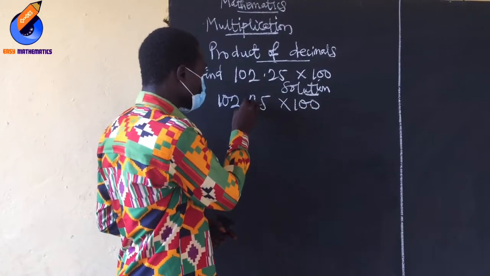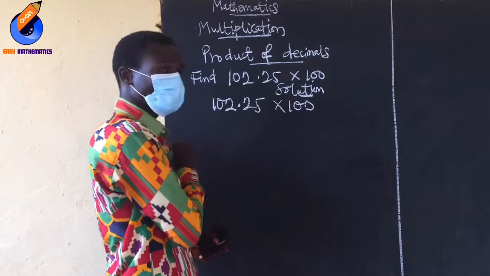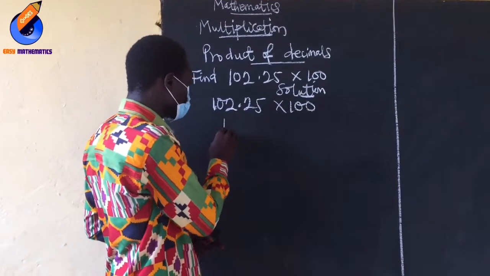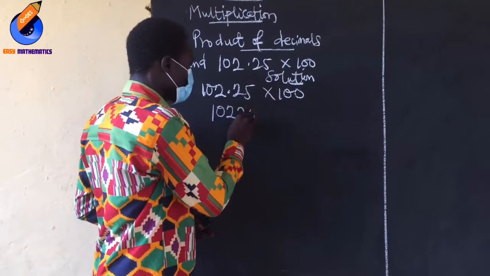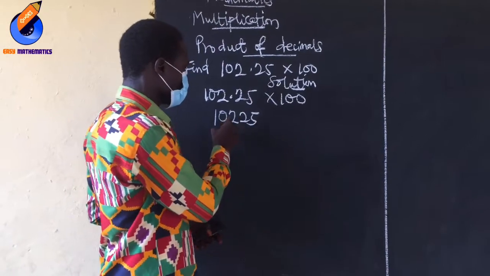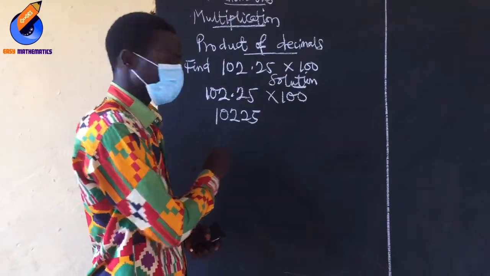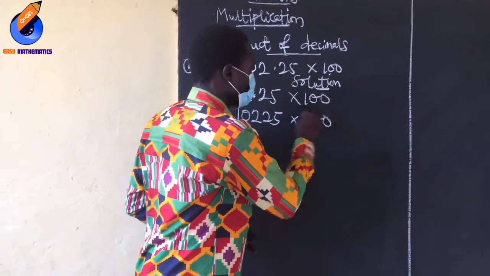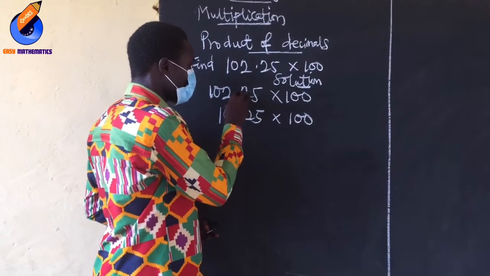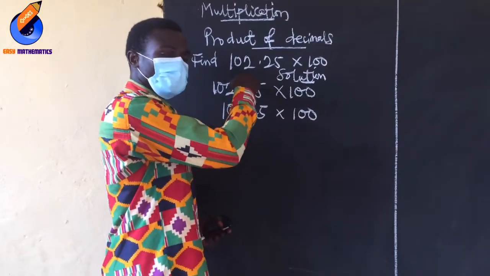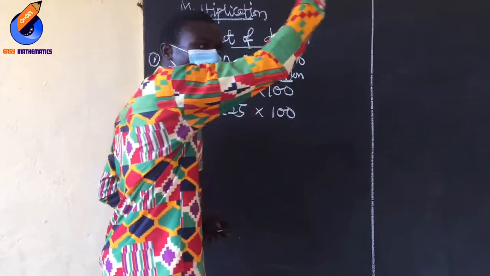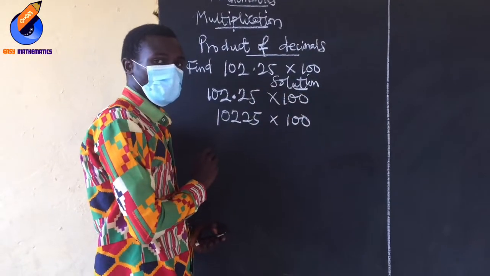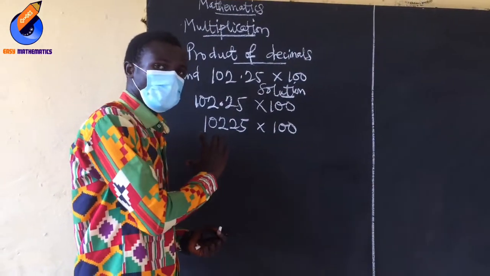Because there is a decimal point here, let's take off the decimal point. If we take off the decimal point, you are going to get a whole number, 10,225 times 100. Now remember, when we took off the decimal point, there were two numbers after the decimal point. So that should be at the back of our mind.